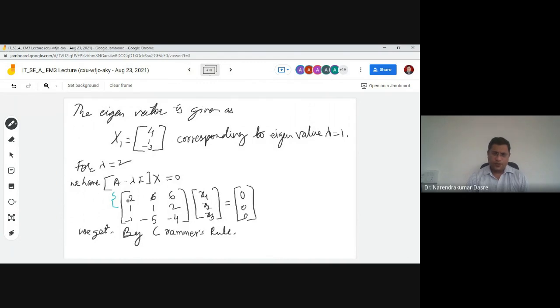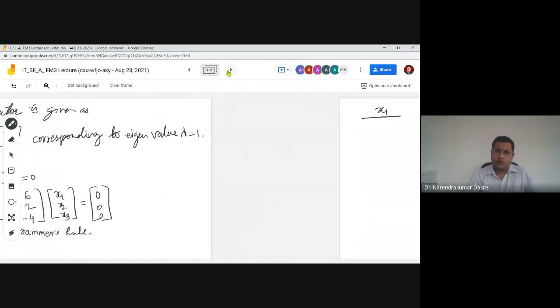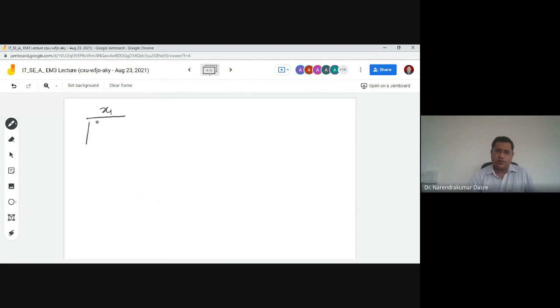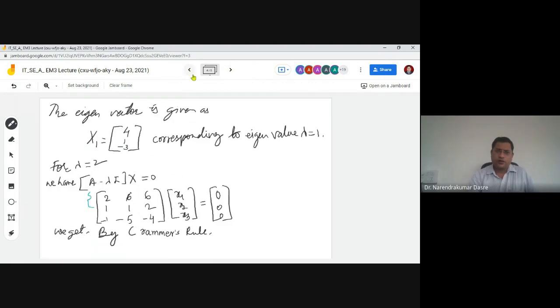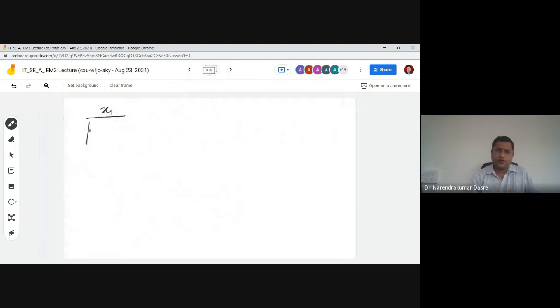So this is the value of the determinant: 1, 2, minus 5, minus 4. So for x1 we got here 1, 2, minus 5, minus 4. Then this is equal to minus x2.